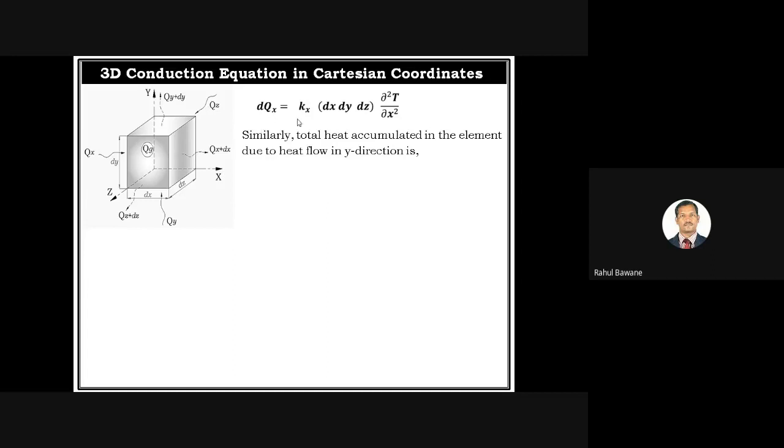So for the x direction we have this equation, for the y direction dqx is replaced by dqy. Kx is the thermal conductivity in the x direction, so it will be replaced by ky, the thermal conductivity in the y direction. In the x direction, volume is dx dy dz. In the y direction, volume remains the same, dx dy dz. For x, it is del square T upon del x square. So in the y direction, it becomes del square T upon del y square.